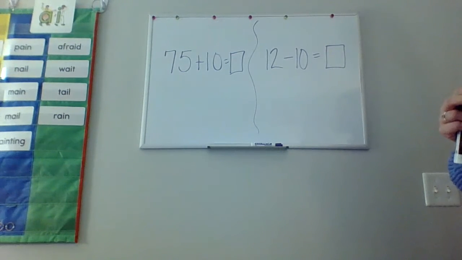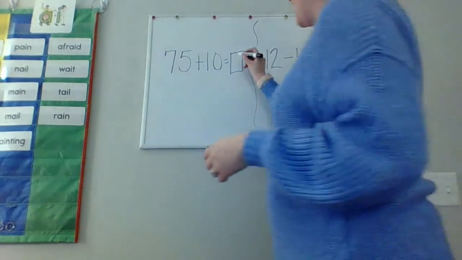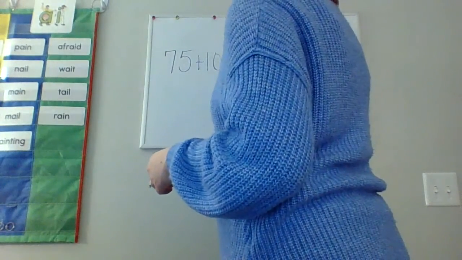Okay, who could tell me what is 75 plus 10? Journey, what is 75 plus 10? 85. 85, right. The answer is 85.